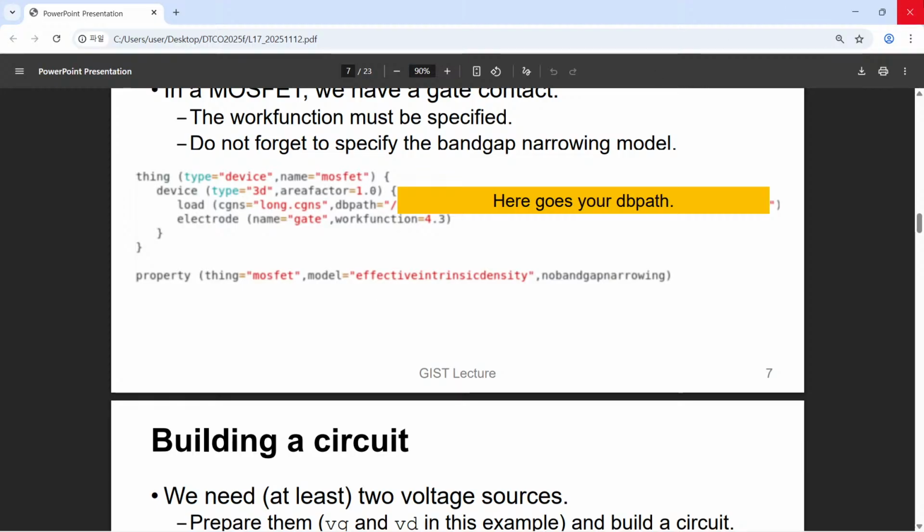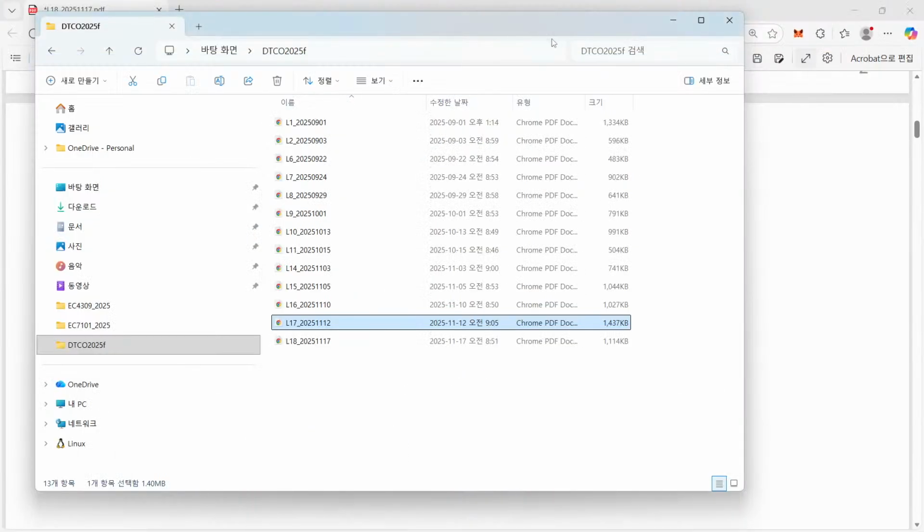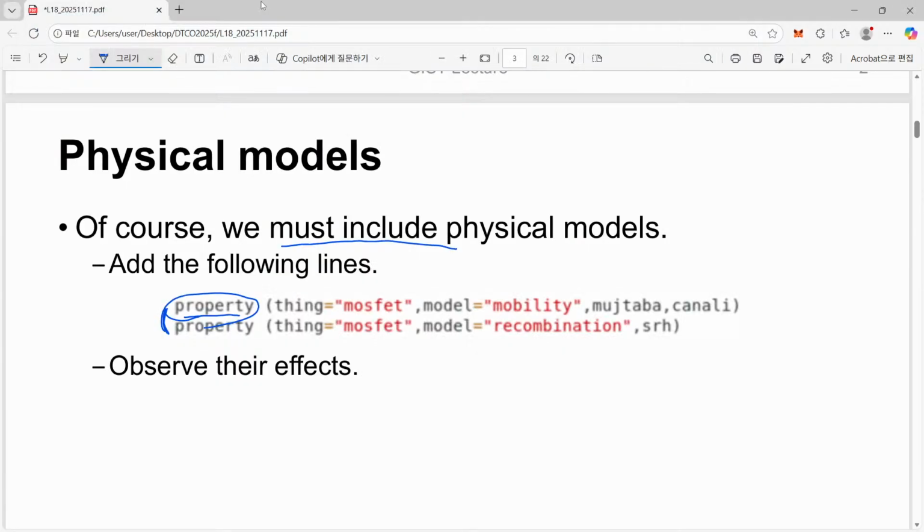Band gap narrowing is quite an important one, but even when we don't use that effect, we must specify that we will not consider any kind of band gap narrowing. So in our input file, this property starting from this model equal to effective intrinsic density is a mandatory one.